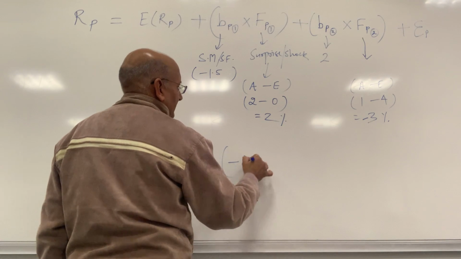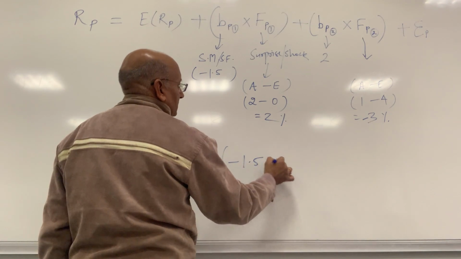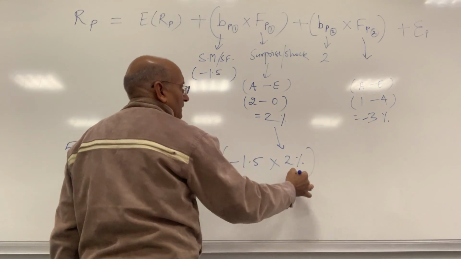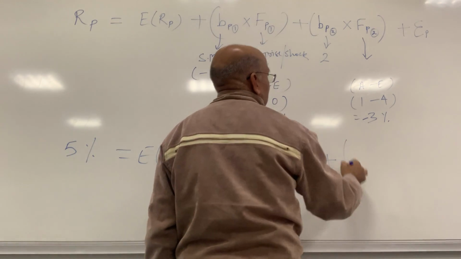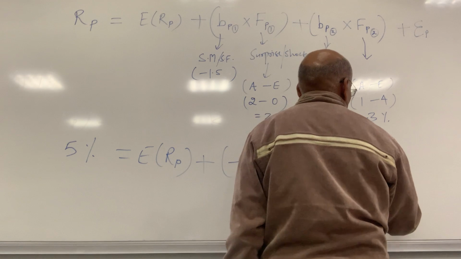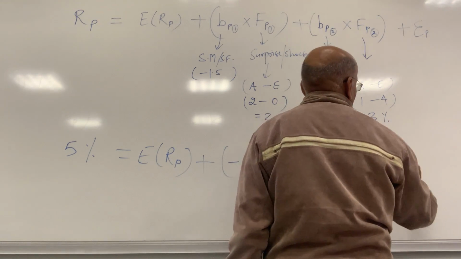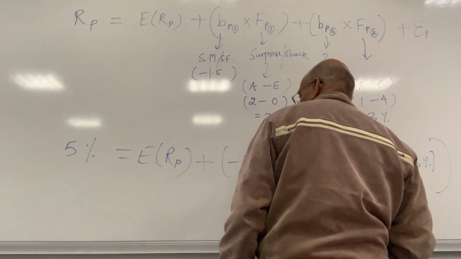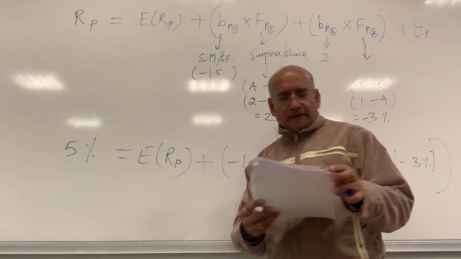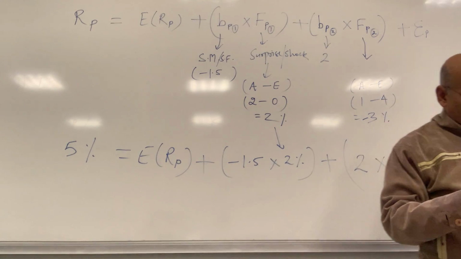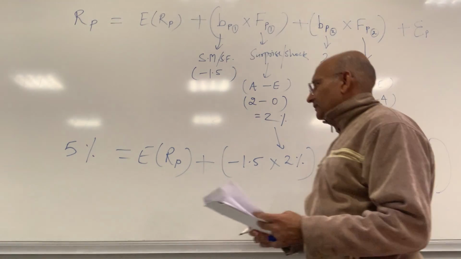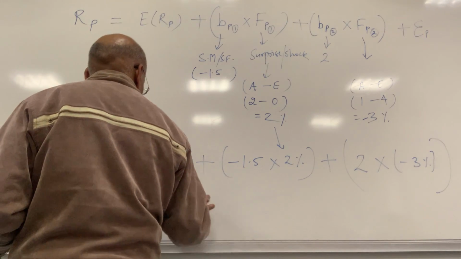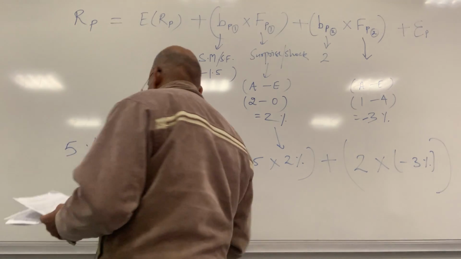Here I will put minus 1.5, then multiplied by this 2%, then plus another beta value, 2, multiplied by minus 3%. Okay? So once you calculate it, you will have your answer, ERP, 11%.